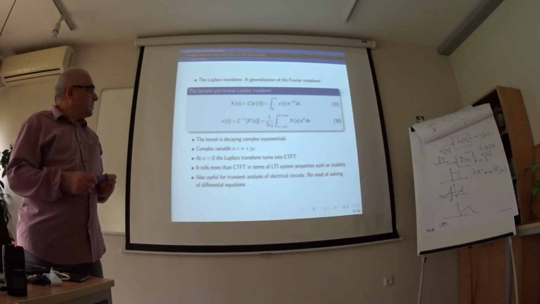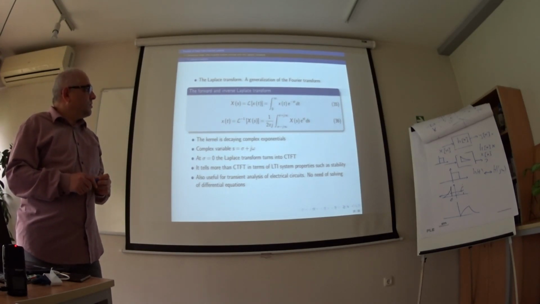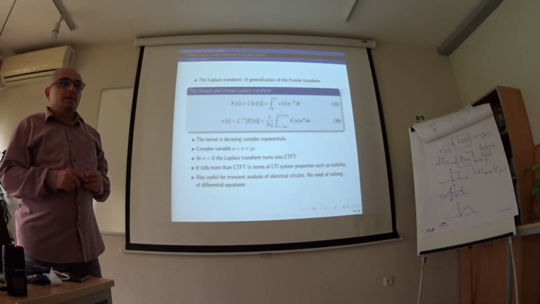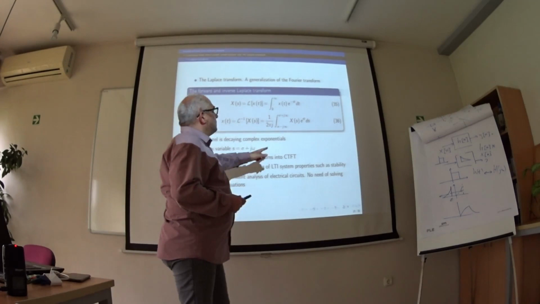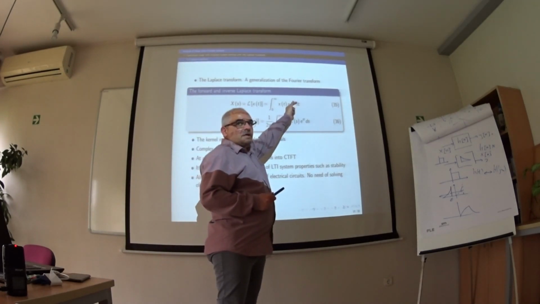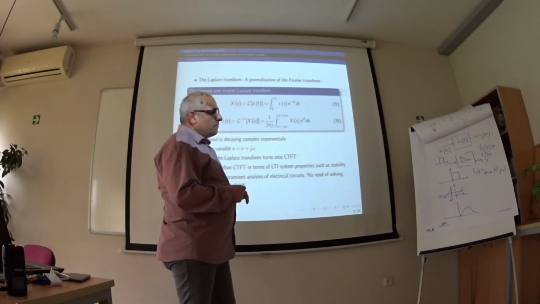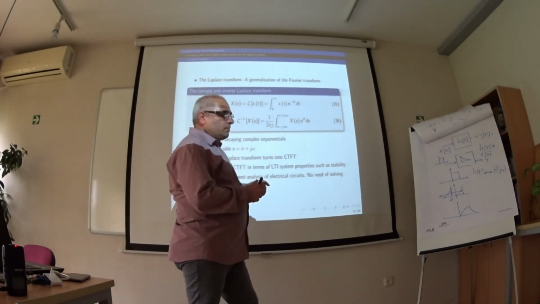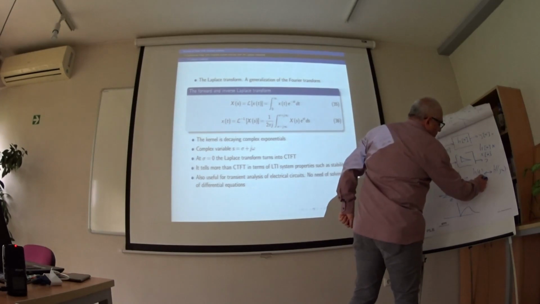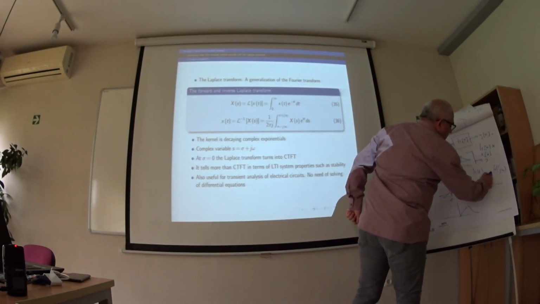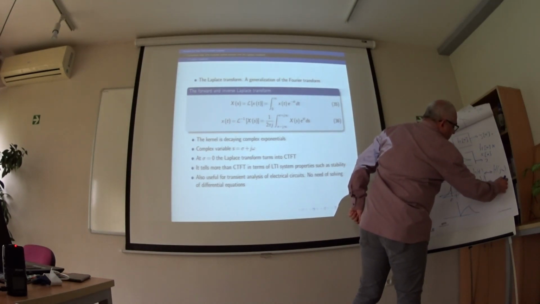So the Laplace transform is a generalization. In the Fourier transform, we have just complex exponentials, sine and cosine oscillations. Now we have sine and cosine oscillation, but with some damping factor. This is a damped sinusoid.